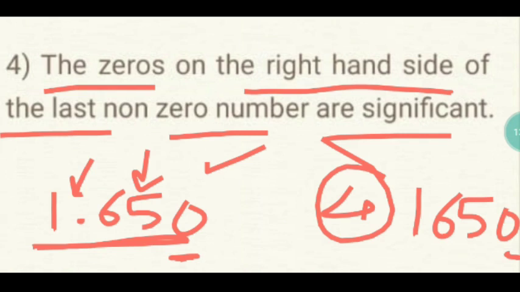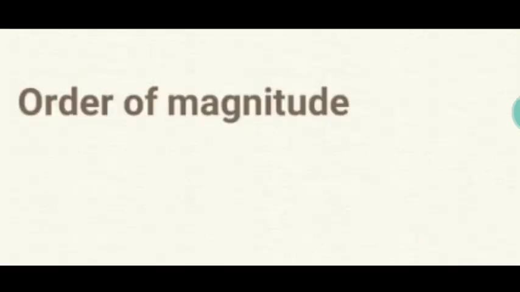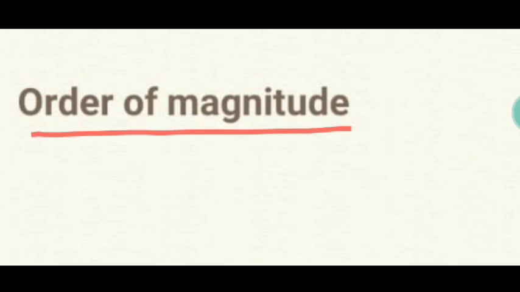So there is some kind of confusion in this, whether we see 3 or whether we see 4. To remove this confusion, or we say ambiguity, we have introduced the order of magnitude. So what is the order of magnitude? Suppose there is one number, we can write this as a into 10 raised to n.